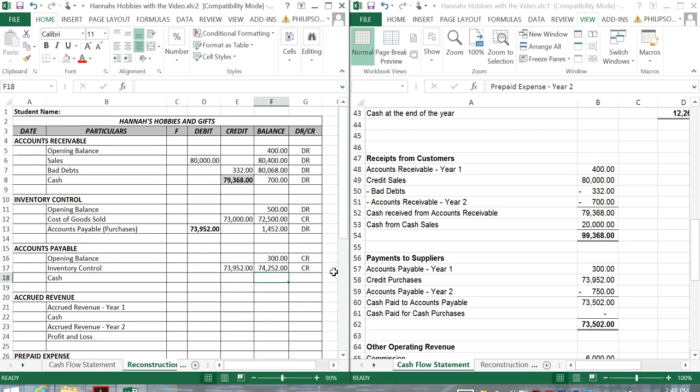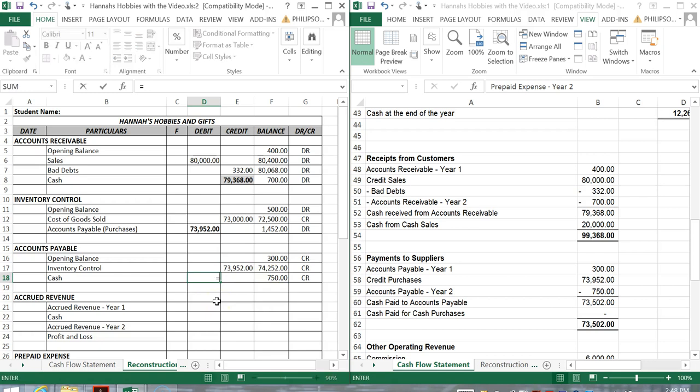And then we want to use our closing accounts payable balance. Again, back to our balance sheet, we've got $750 credit. So our difference here, we're going from 74 credit to 750 credit. Obviously in order to affect that change, we need a fairly large debit figure.